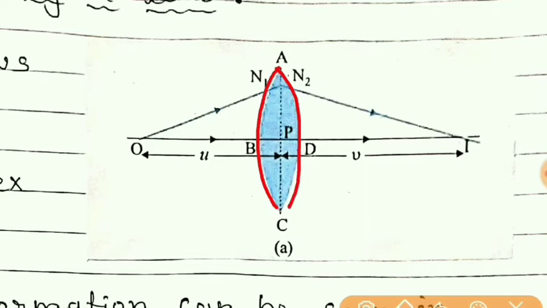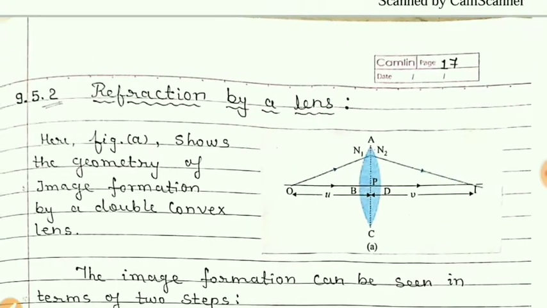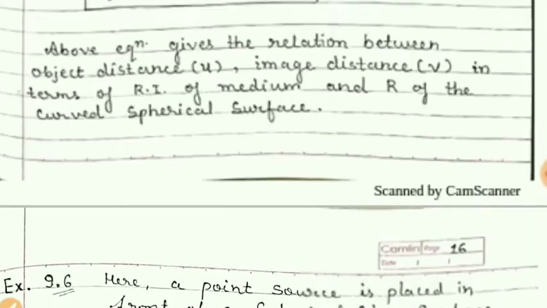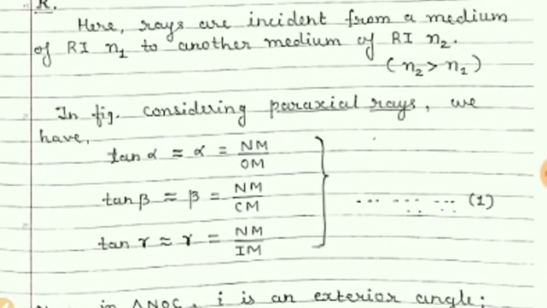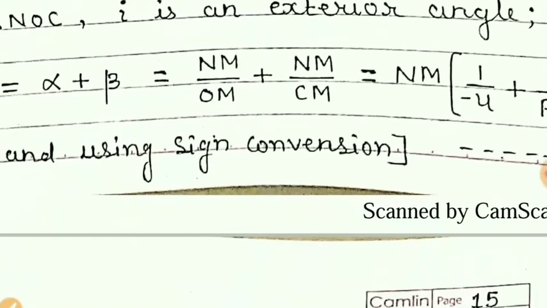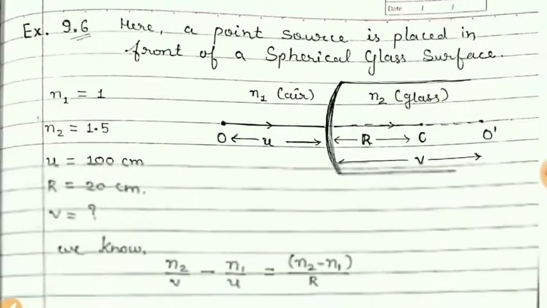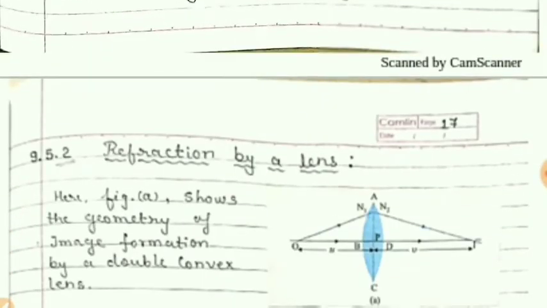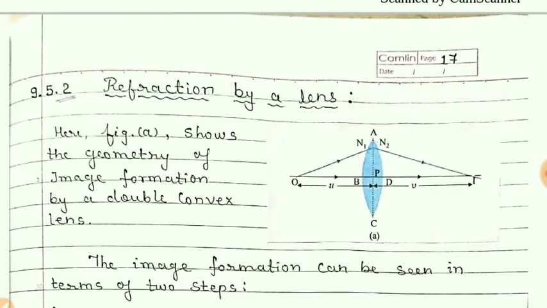That means there are two curved surfaces, and we have already obtained the formula for a curved surface. For a spherically curved surface we have obtained the formula, but for a lens there are two curved surfaces. So to obtain the lens formula, we have to apply that formula for the curved surface two times.